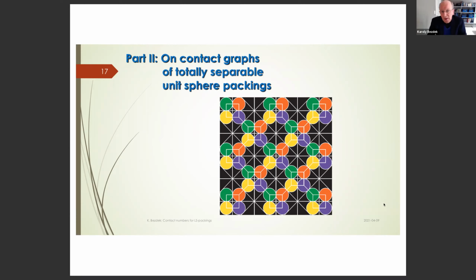And the story starts with totally separable unit sphere packings. This concept is illustrated here on my slide. If we have a packing of unit balls in Euclidean d-space, we call it totally separable if the following property holds.